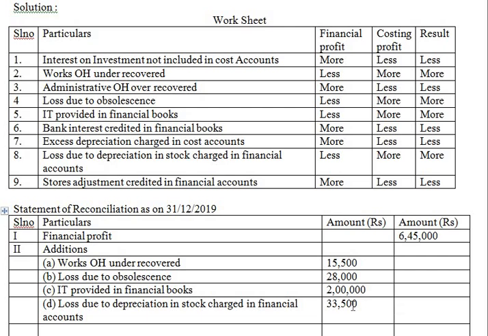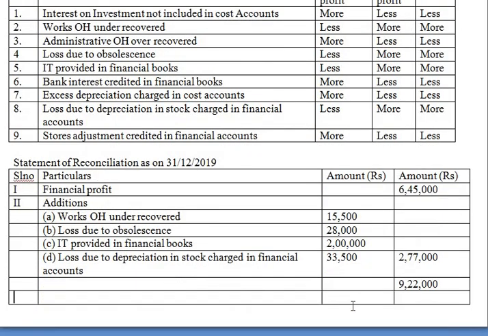Now make a total of this, so that will be 2,77,000. Now add it, so that will be 9,22,000. Third point, deductions.